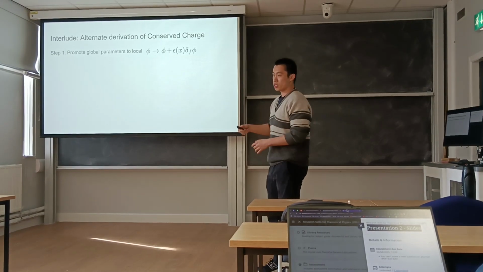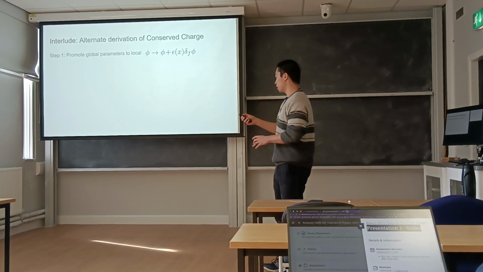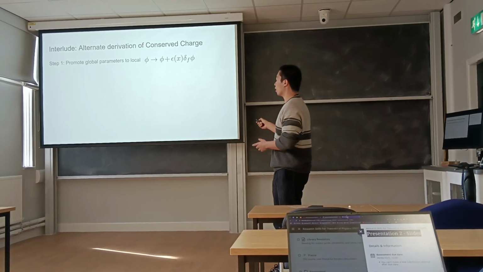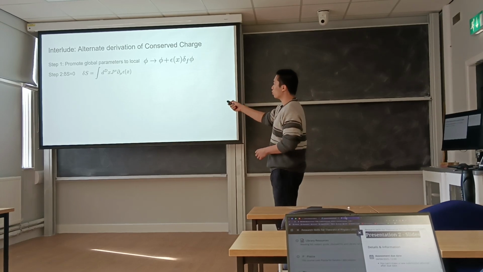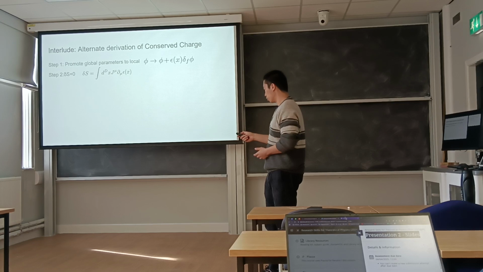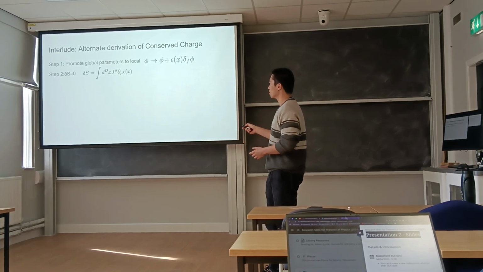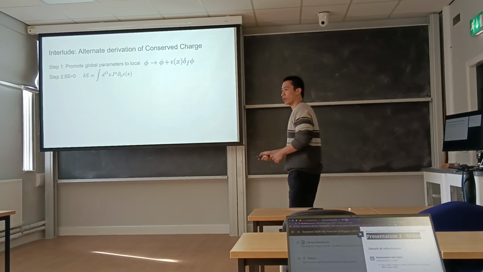Now, for the purposes of generalization to higher form symmetries, we will derive this in an alternate manner, where we first promote this global infinitesimal parameter to local ones. And we will still set this first order variation in the action to be 0. The expression we will have is some constants, some operator multiplied by the partial derivative of the parameter.